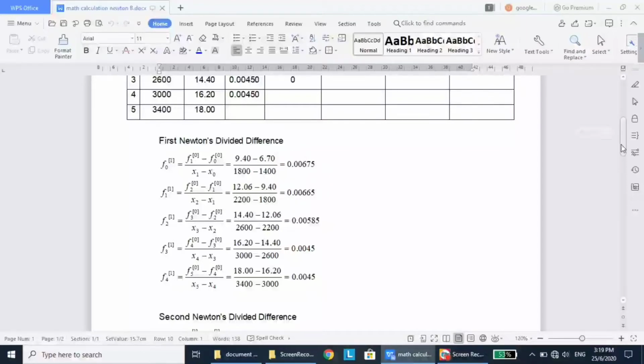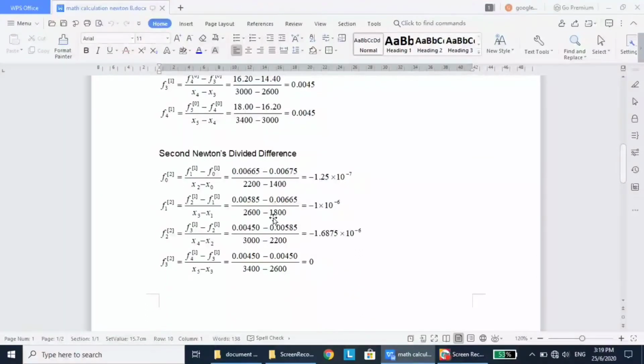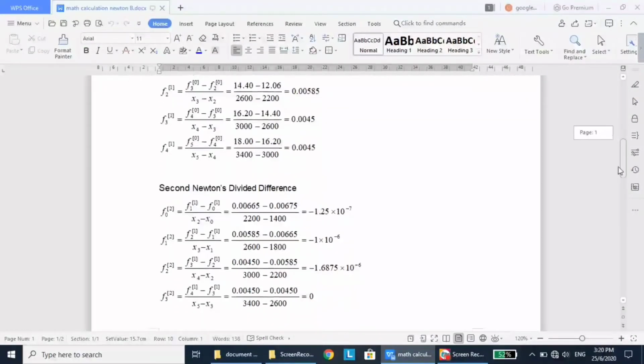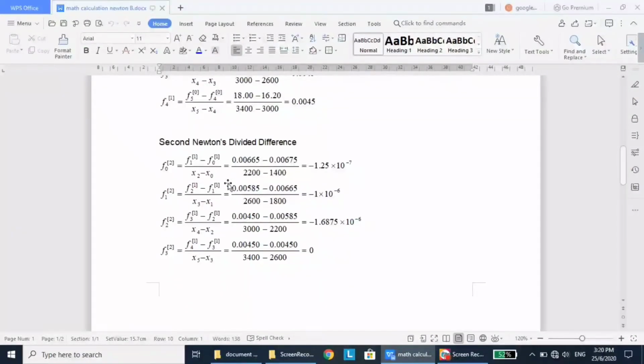Step 3 is the same as step 2. We must write the formula, enter the value and we will get the answer. But the number of formulas will decrease by 1 for every level we use. For example, for the first Newton divided difference, we have 5 formulas. For the second, we have 4 formulas.